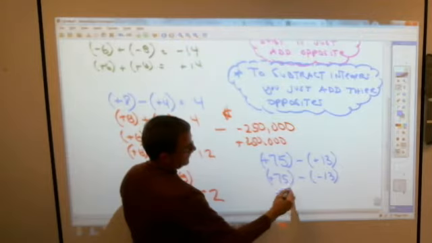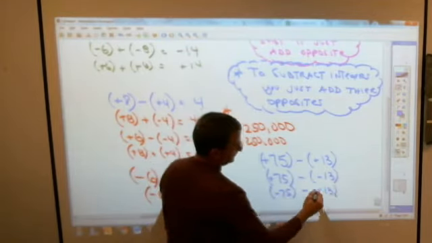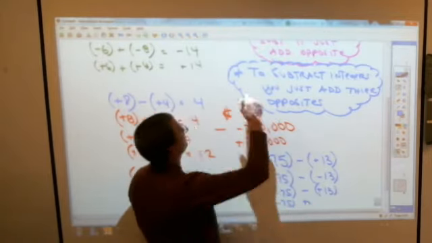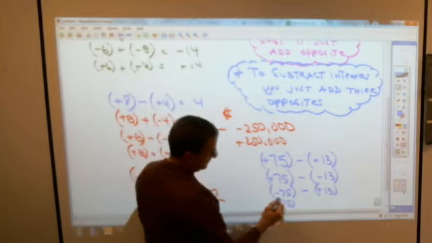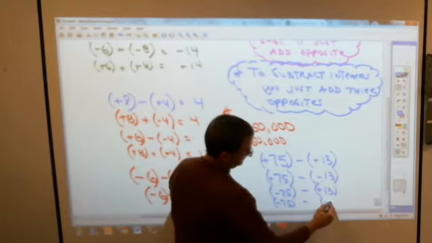Negative 75 minus positive 13. And negative 75 minus, we're doing all subtraction, a negative 13.